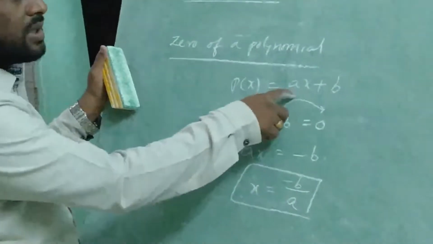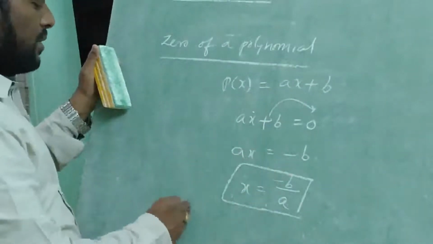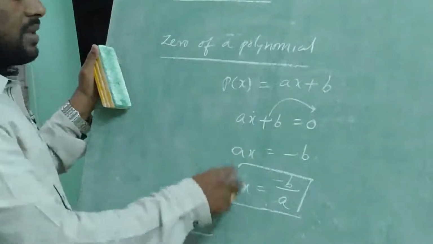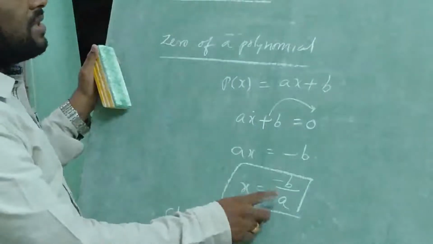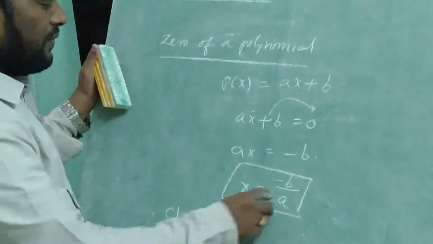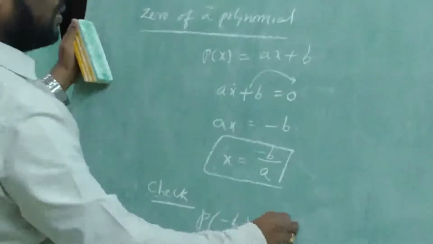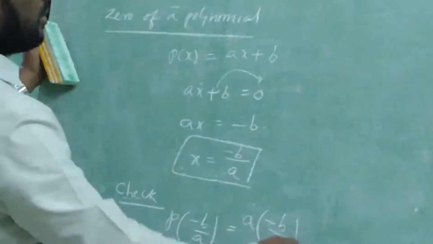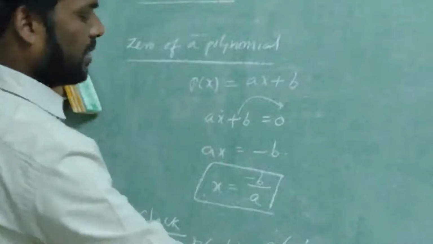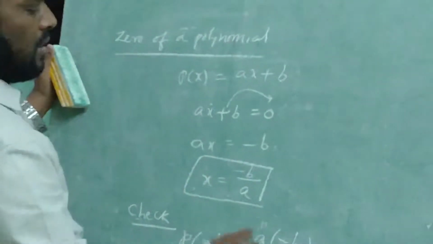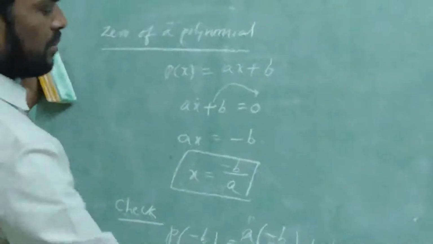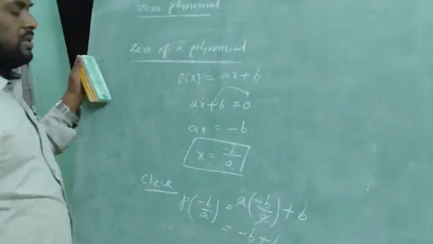Is it correct? For that I am checking my answer is correct or not. Replace this value in p of x. So p of minus b by a is equal to a into minus b by a plus b. A gets cancelled. 1 into minus b plus b, minus b plus b is equal to 0.